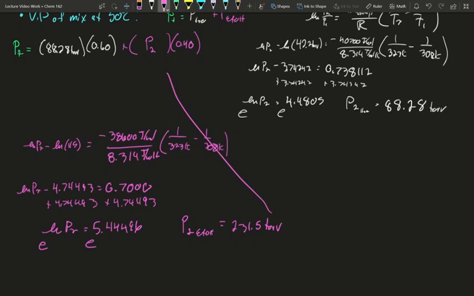We can plug that in, 231.5 torr. Now when we calculate out our pressure total, 88.28 times 0.6 plus 231.5 times 0.4 gives 145.6 torr.